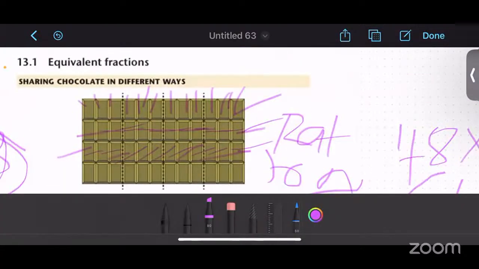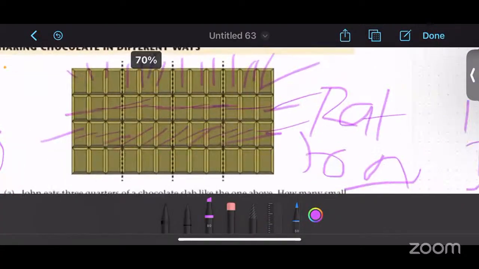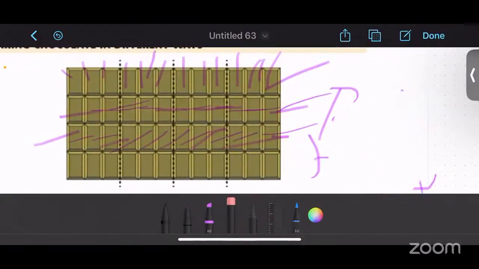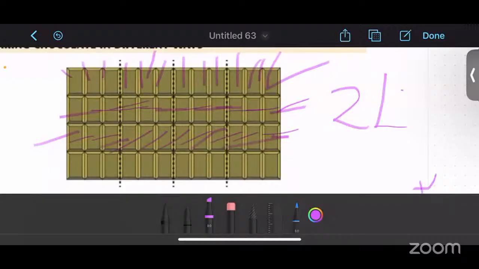Yes, ma'am. If you were to share it with 16 people and it's 48 pieces, remember? How are you going to share it? Not 24, but 48. How do you think we're going to share it?